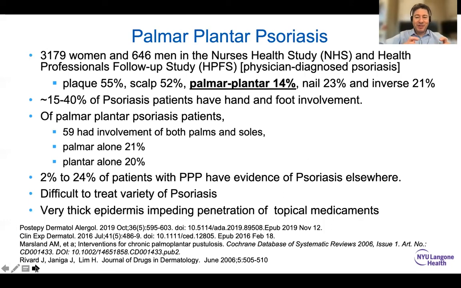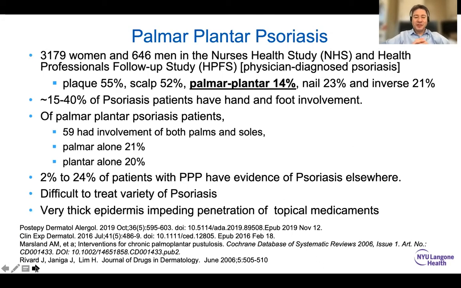Now let's flip it around. Let's take palmoplantar psoriasis patients and look at what their demographic is like. So at 59 involving palms and soles, about 20% had palms only, 20% had feet only, and the remainder were both palms and soles.